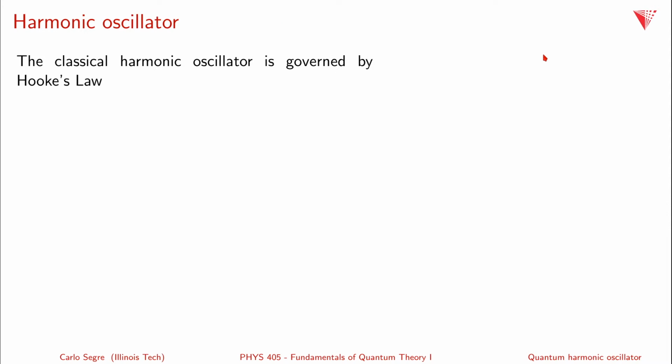So, the harmonic oscillator in classical mechanics is governed by Hooke's law. That is, the force is equal to minus kx. So it's a restoring force. And this is equal to mass times acceleration, which is mass times the second derivative of x with respect to t.